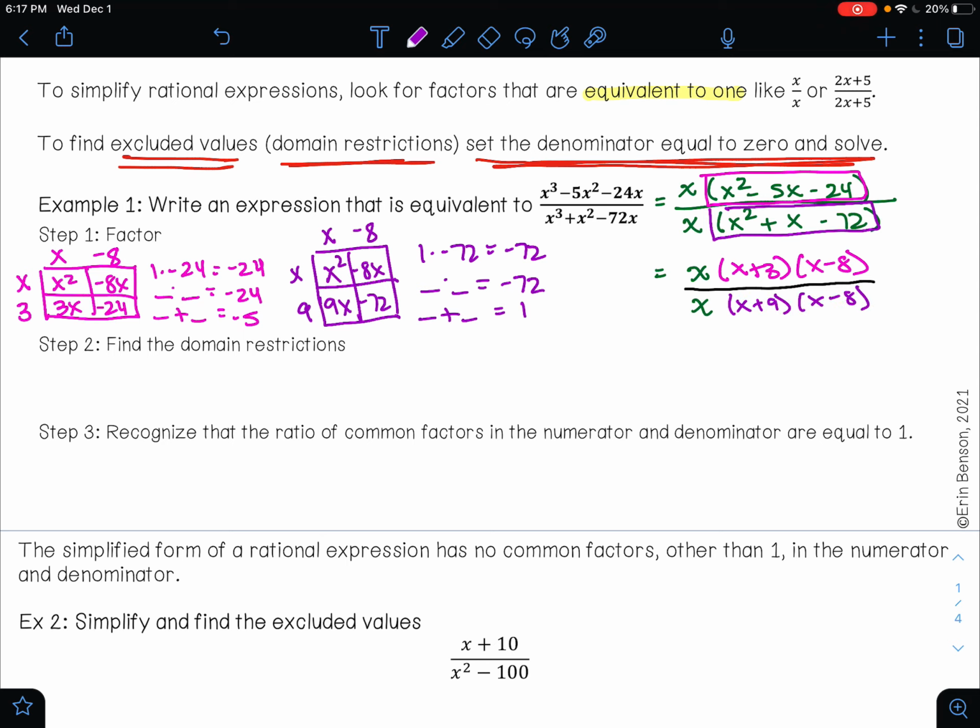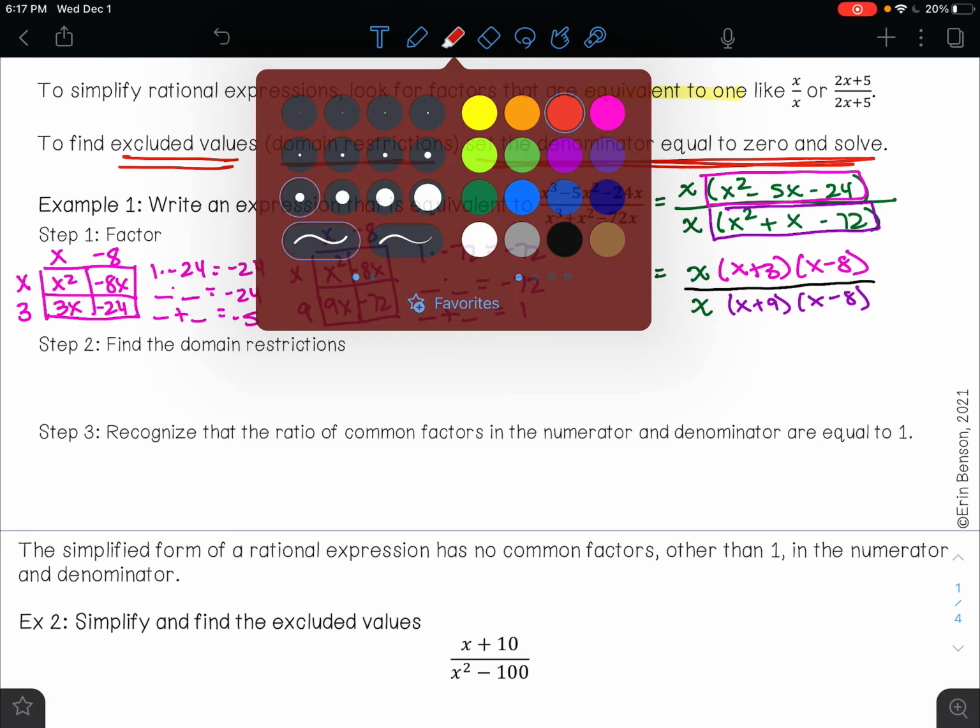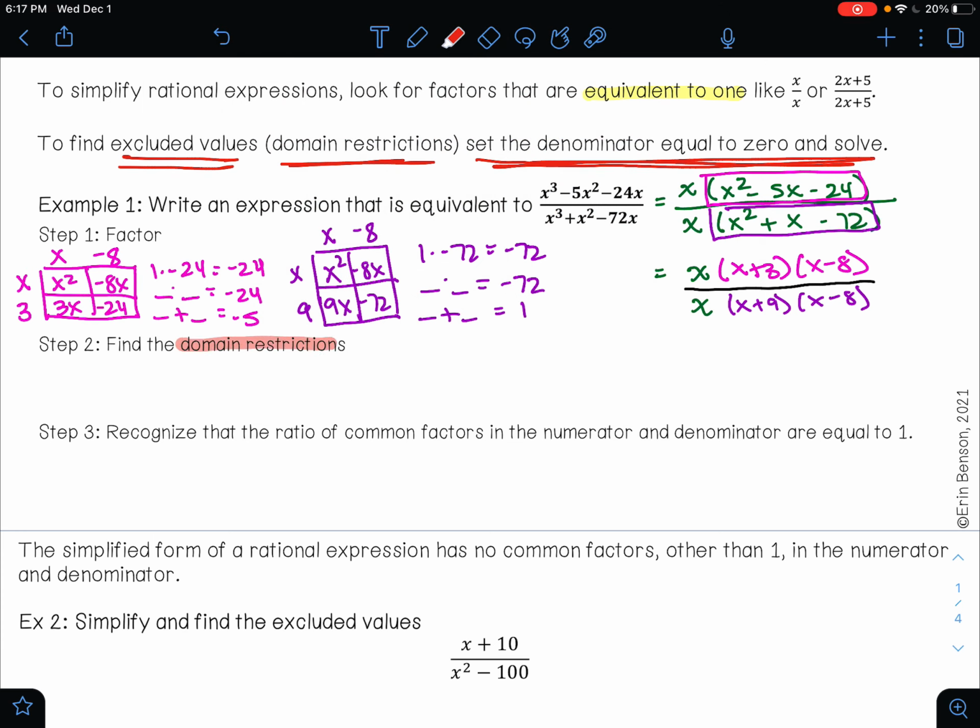Once you have everything factored, that's when you can go ahead and find your domain restrictions. These are your values that x cannot equal because if x equals these values, then you will get 0 in your denominator, and we do not know how to divide by 0.